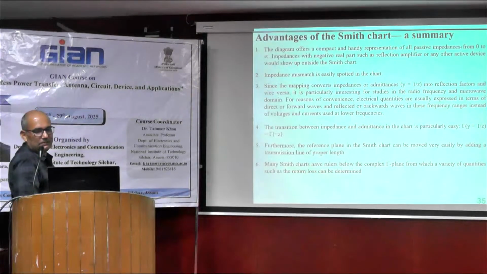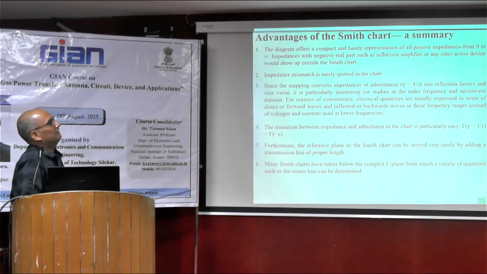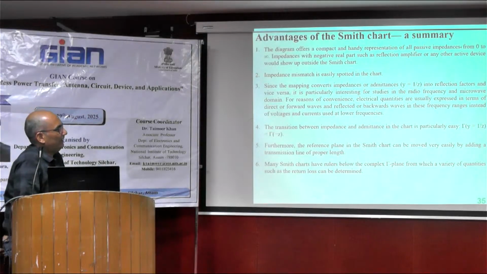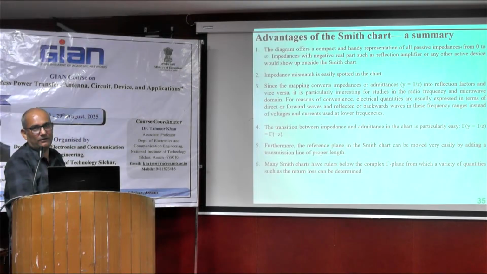now it is the second last one, the diagram that we have seen there. The summary is that the Smith chart offers a compact and handy representation of all passive impedances from 0 to infinity. Impedance with a negative real part, such as a reflection amplifier or any other active device, would show up outside the Smith chart, because it is the best representation of passive ones.